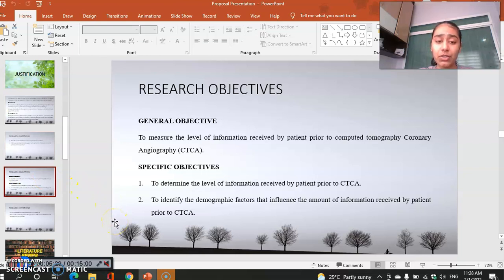The general objective is to measure the level of information received by patient prior to computed tomography coronary angiography. The specific objectives are to determine the level of information received by patient prior to CTCA and also to identify the demographic factors that influence the amount of information received by patient prior to CTCA.